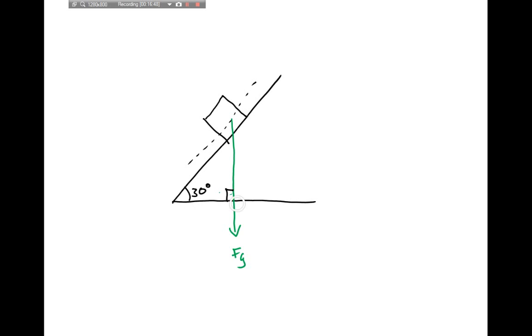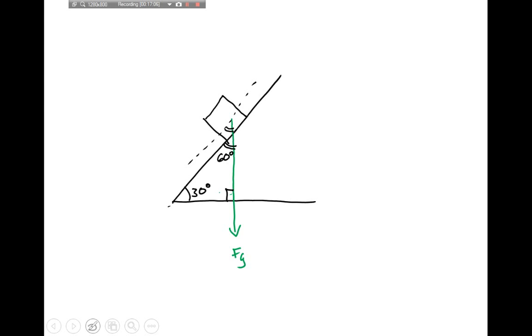Okay. So here we've got a triangle. It's formed by this ramp and the force due to gravity. So I can see that this angle right here is 60 degrees, right? It's 90 minus 30 degrees. Okay? That means that this angle up here is also 60 degrees.